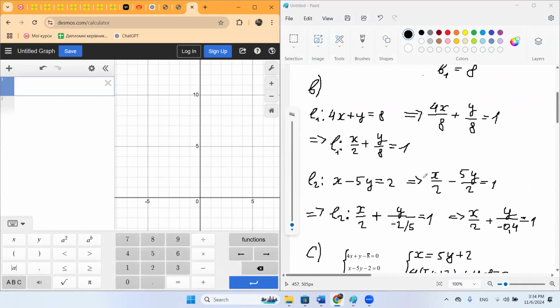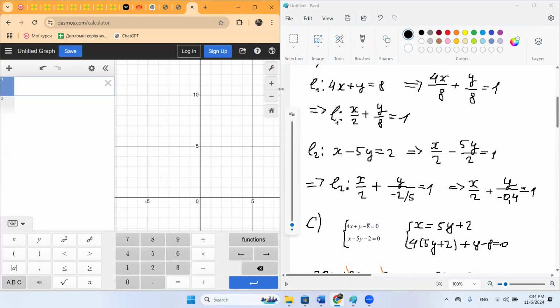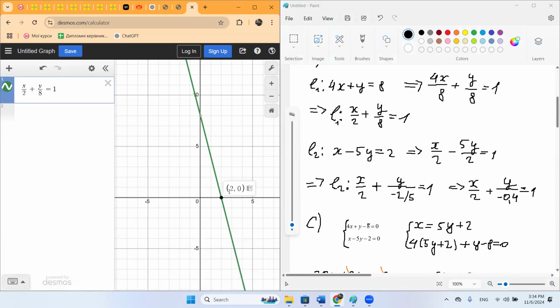First of all, for L1. Let's write it in intercept form. So x by 2 plus y by 8 equals 1. And as we can see, here is x-intercept 2, y-intercept 8. So everything is correct.